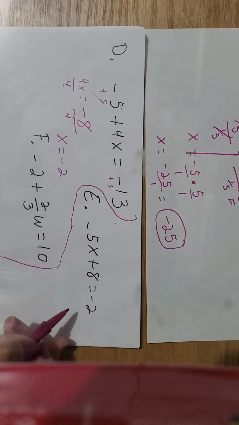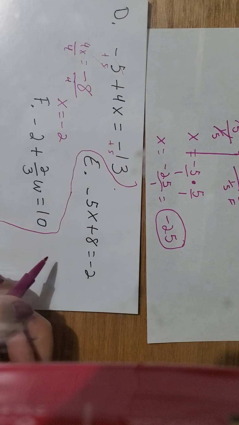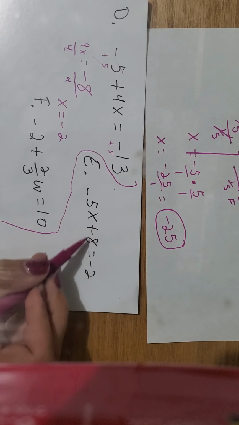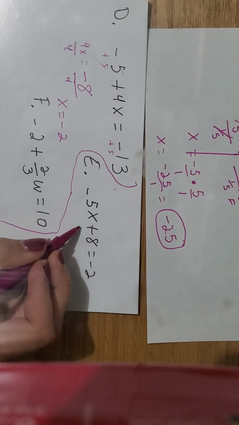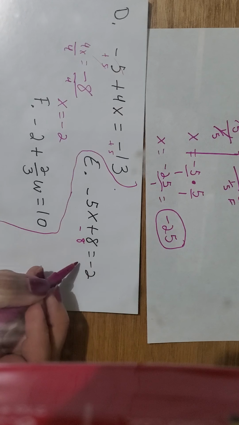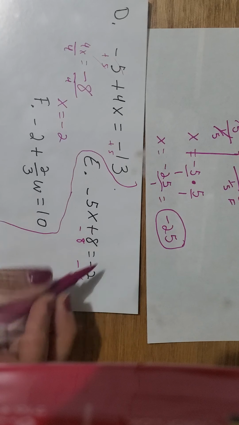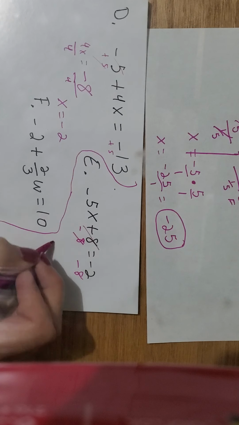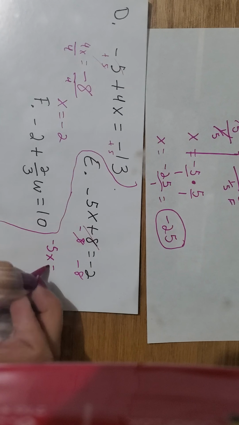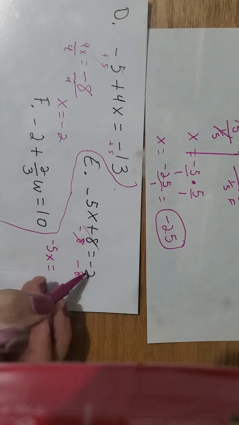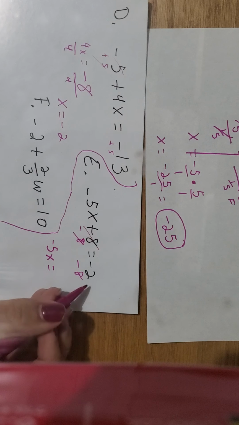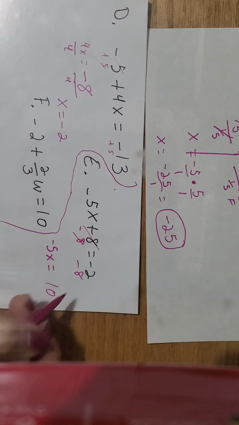Okay, now over here, you have your constant. So the +8 will have to be -8 to both sides. Gone, leaving you with -5x equals -2 -8. They're both the same sign, so you add. 2 plus 8 equals 10, and you keep the sign.